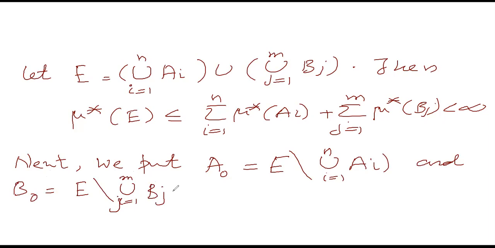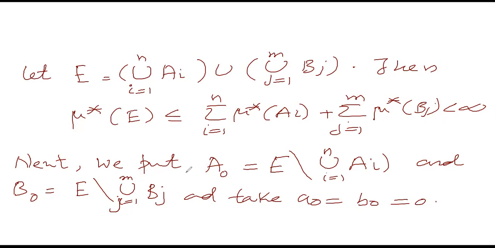Let's define these two sets, and also take these two numbers a naught and b naught equal to 0. Then these A_i, i runs from 0 to n, and B_j, j runs from 0 to m, are disjoint.